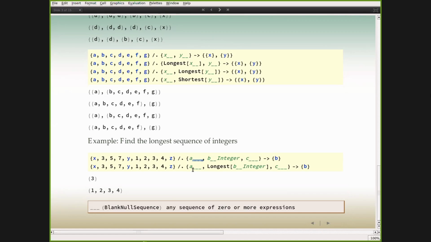There are not 2 underscores, but 3 in a row. 3 underscores is the blank null sequence, which is any sequence of 0 or more expressions. If you have 2 underscores, there has to be at least one expression, so this is a sequence of 1 or more expressions. 3 underscores is a sequence of 0 or more expressions.